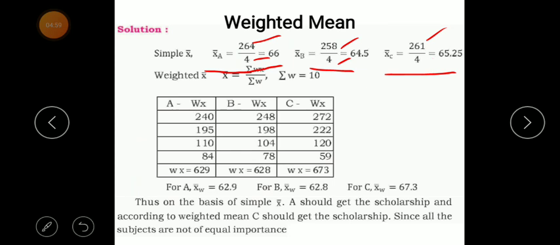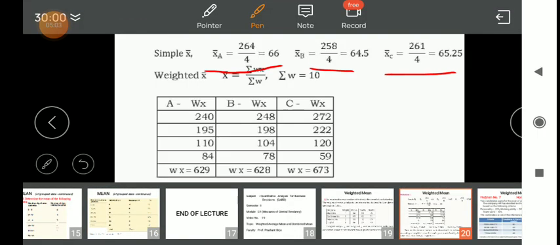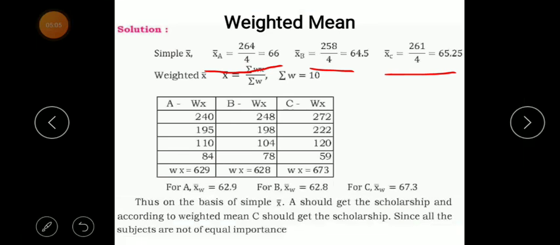Once that is done, the next thing that we are supposed to find out is the weighted mean. For that the formula is x bar weighted equals summation wx upon summation w. It is similar to summation fx upon summation f.